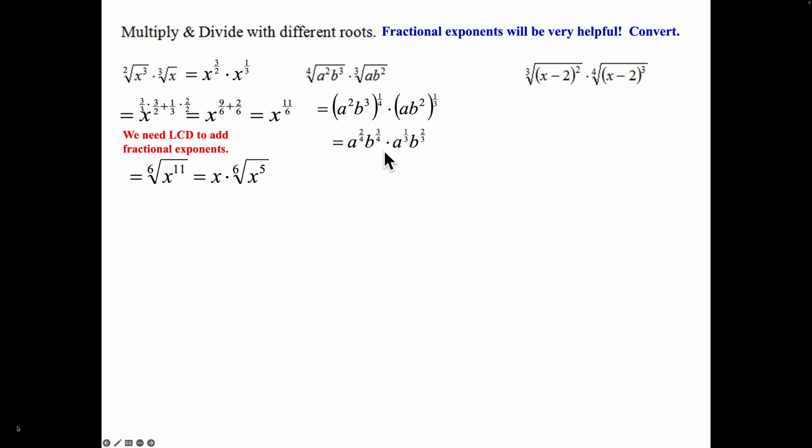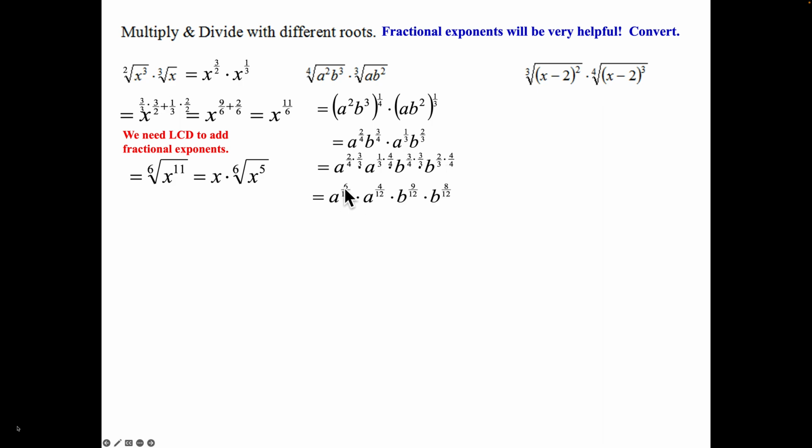So when I group this a over here, a to the 2/4 times a to the 1/3, I want both of these factors to keep the same denominator of 12. So 3 times 3 on the top, 4 times 4 here, 3 times 3 over 3 here, 4 over 4 here.